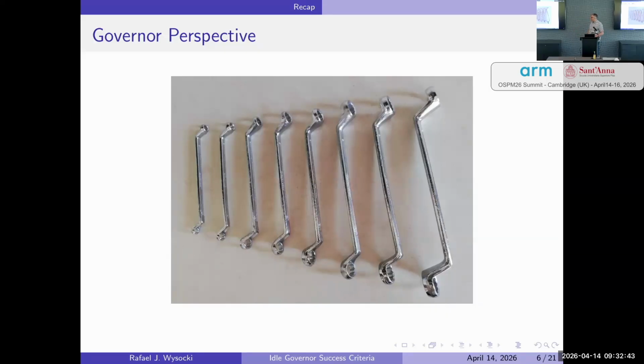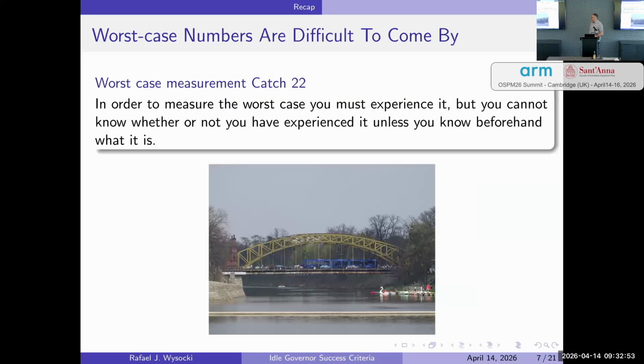All right, so we have this array of idle states. Now the governor has to decide which one to use, or which one to pick. There are a few known problems with that. The first one is related to the exit latency and the fact that it is supposed to be the worst case exit latency, because it is generally hard to measure the worst case number, right?